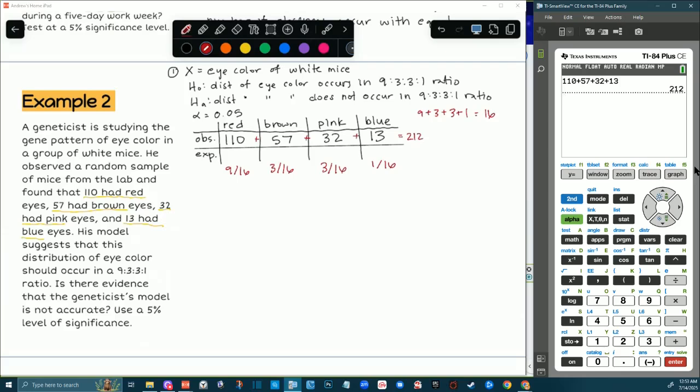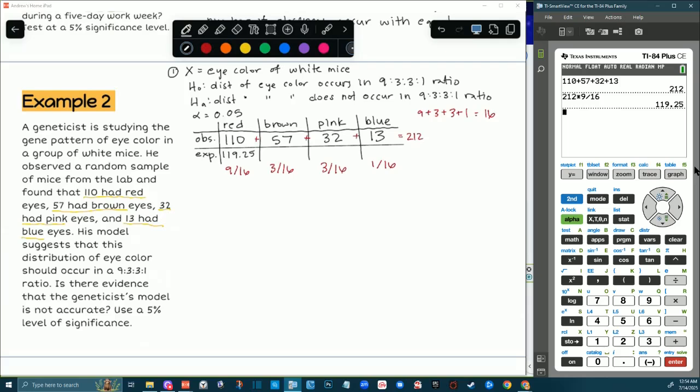And then to figure out how many are in each box, I'm going to take that sample size and multiply it by the probability for that eye color. So 212 times 9 divided by 16, and I get 119.25. You'll notice it's a decimal, and that's okay.